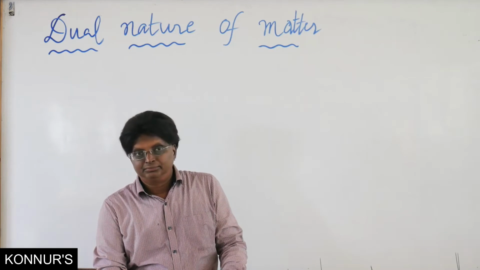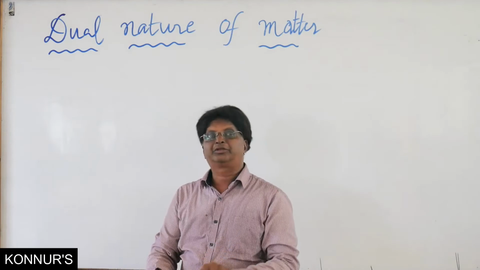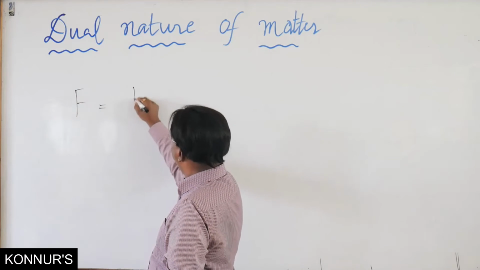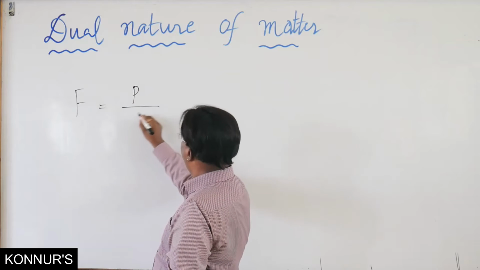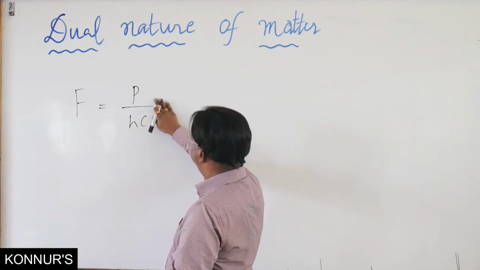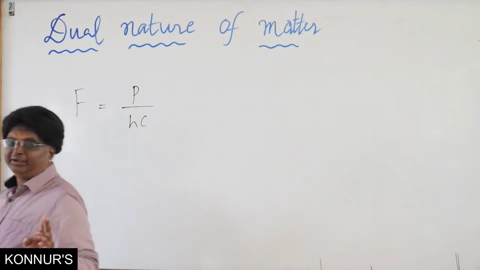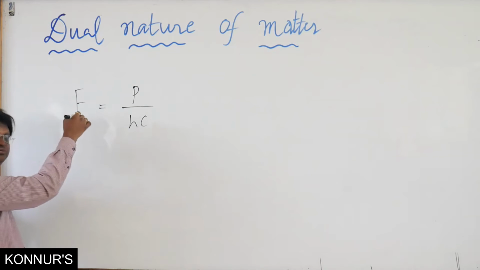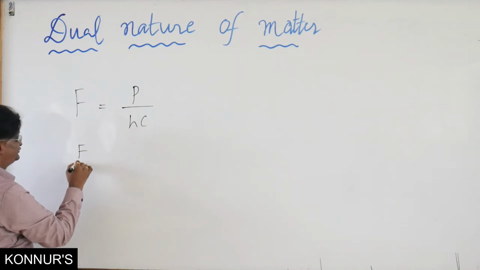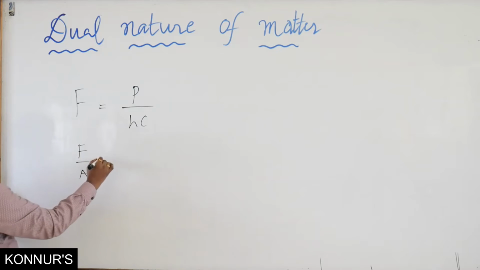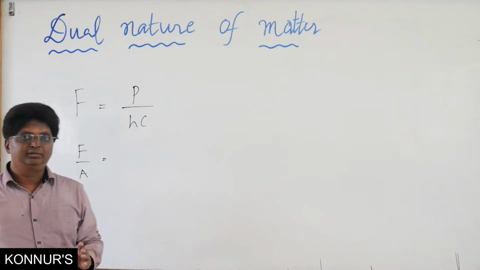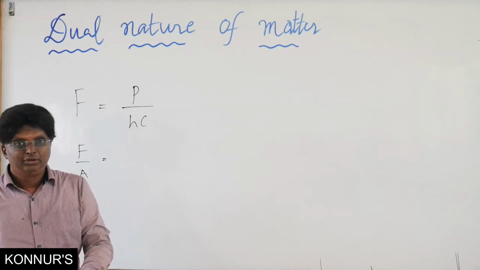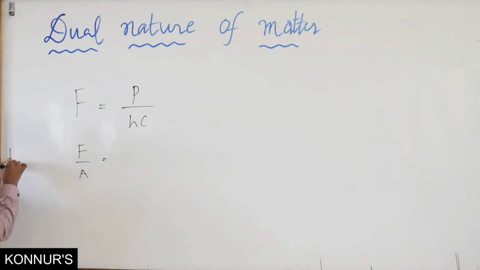Earlier we got force due to radiation as P by hc, right? F is equal to P by hc. Now for radiation pressure, it is F by A. I have already used capital P for power and small p for momentum.